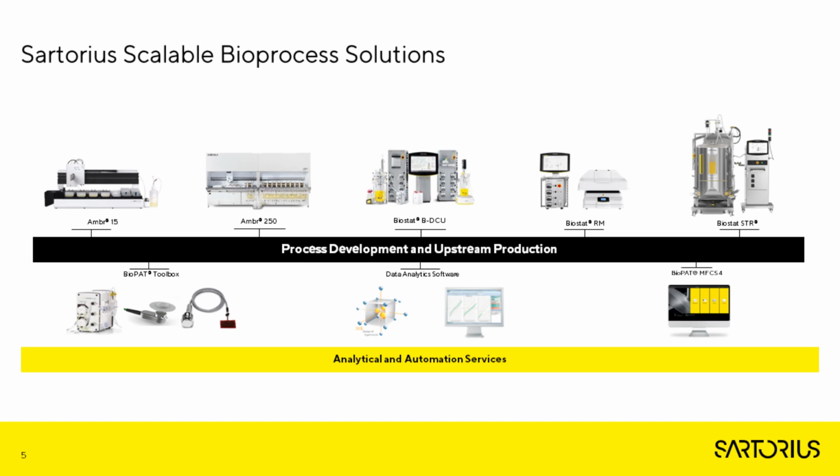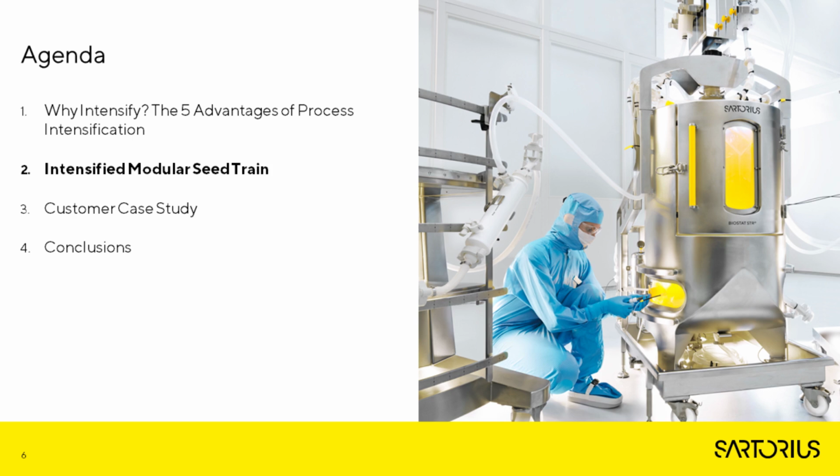Overall, Sartorius offers a tailored solution for all types of customers, either working at the process development stage or at the commercial manufacturing level. Today, I would like to focus a little bit more on the C-train bioreactors, specifically the Biostat RM and Biostat STR.